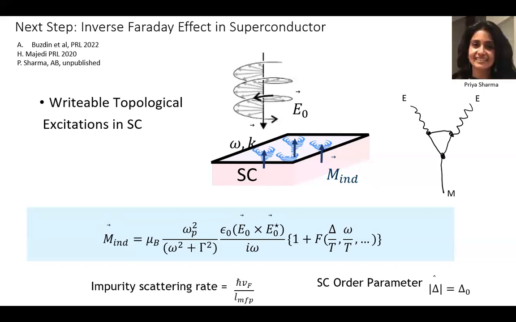Possibly making calculations, we are estimating a thousandth of a Bohr magneton per unit cell. Not big.